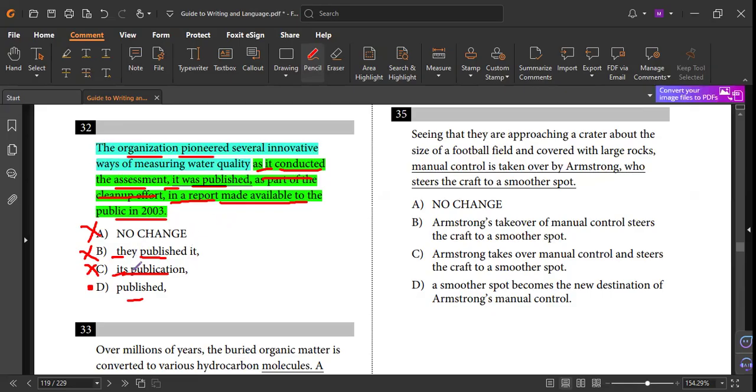That's it. So published in a report, past participle phrase. And the past participle phrase again, made available. As I told you, imagine the past participle phrase like which is published, which is made. Just want you to know it. That's why letter D is correct.